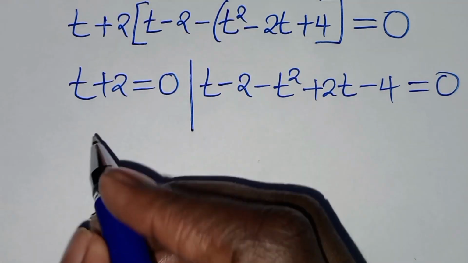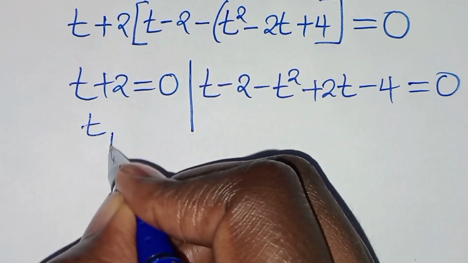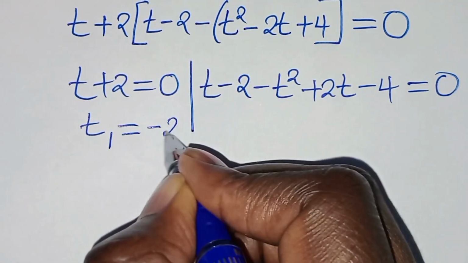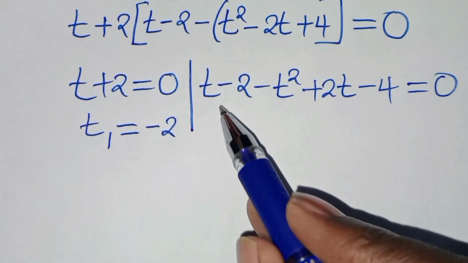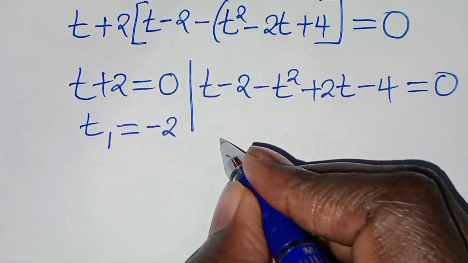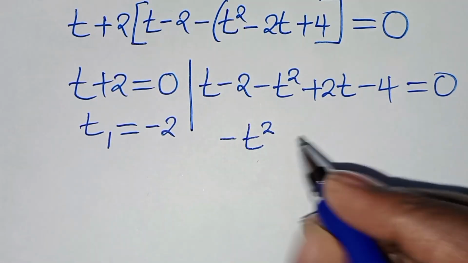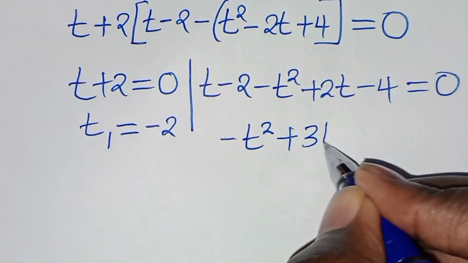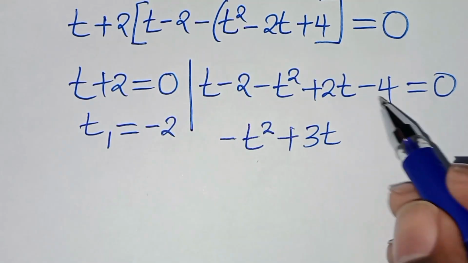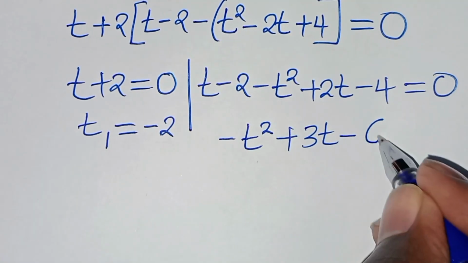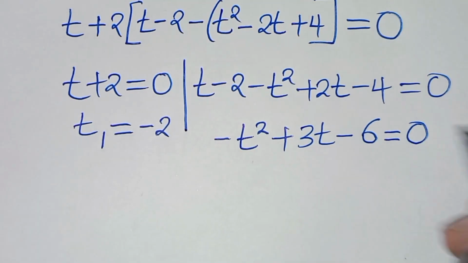Now this implies that the first value of t, that is t1, is equal to minus 2. From the second part here, we have minus t squared. Now we have t plus 2t, so this is plus 3t. Minus 2 minus 4, this is minus 6. This is equal to 0.